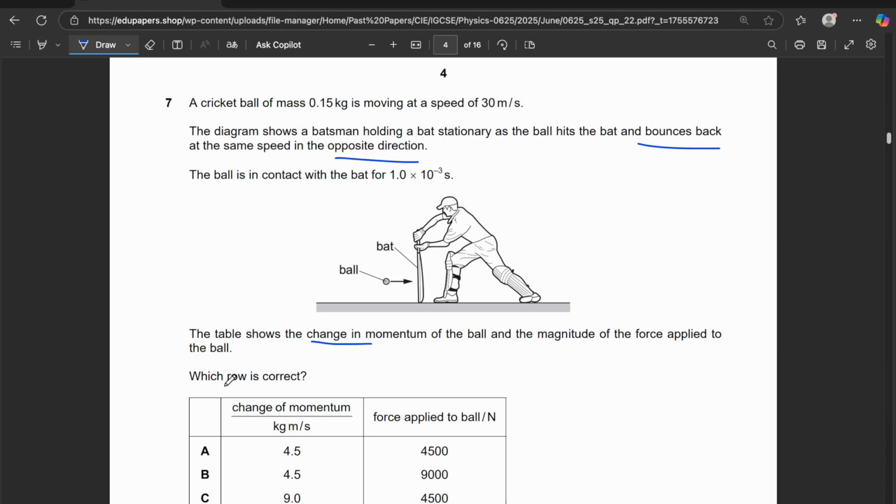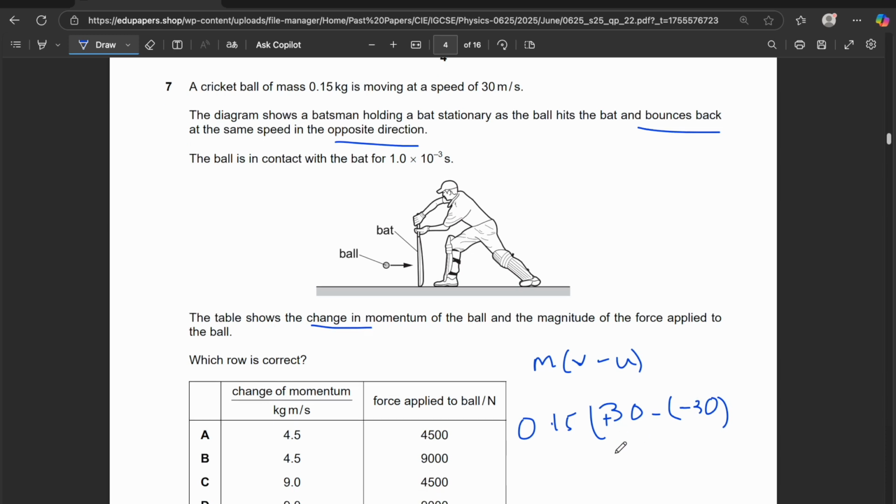So change in momentum is mass × (v − u), and mass is 0.15. And final velocity will be 30 minus, because it is in the opposite direction, right? One of the speeds will have to have an opposite sign, which means if we put positive here, we have to put negative here.